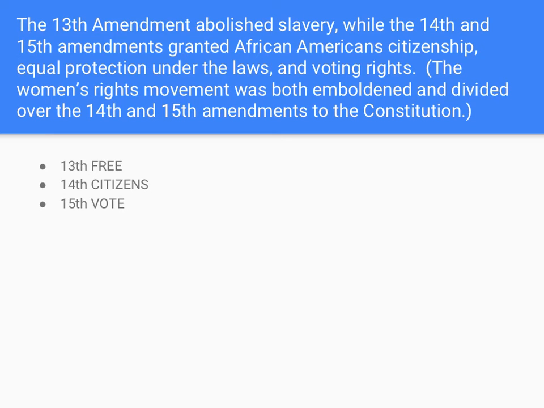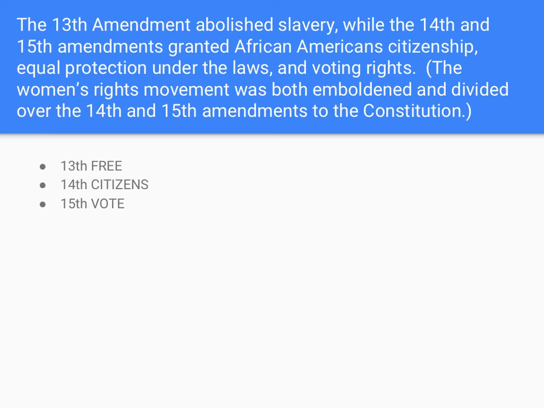And the 14th Amendment protected the equality of citizens regardless of their race or previous condition of servitude, but didn't say anything about the equality of people according to their sex. So there were some women who were disturbed by the 14th and 15th Amendments, but regardless, these were great steps forward for African Americans.